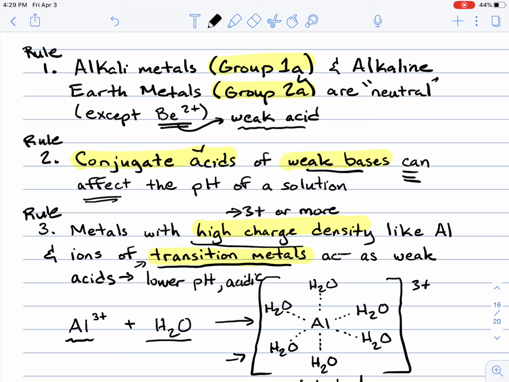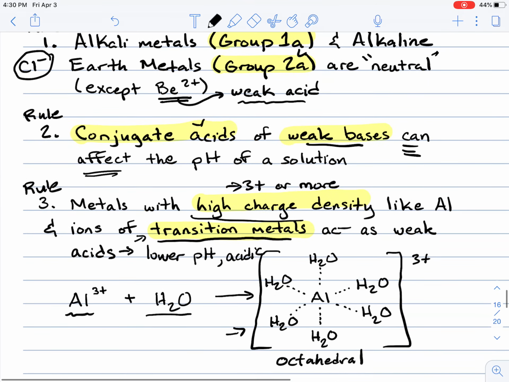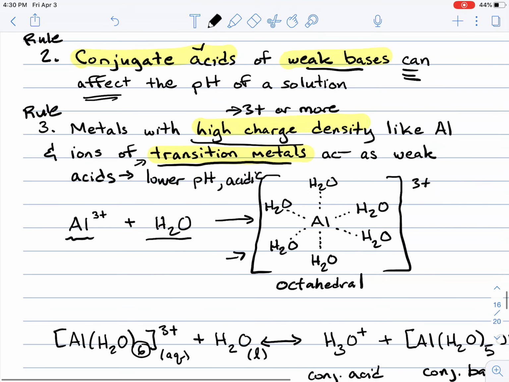All right, and so we're starting off with rule number 1. The ion in question is chloride. If you look at the periodic table, chloride is in group 7, and therefore we cannot use rule 1 to justify whether chloride affects the pH of the solution or not.